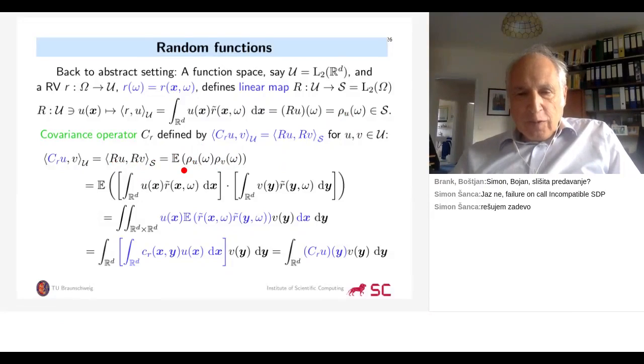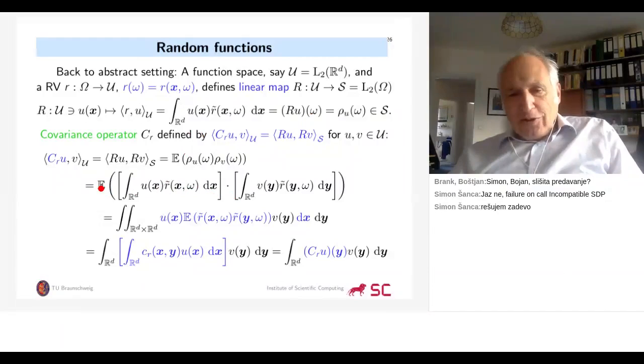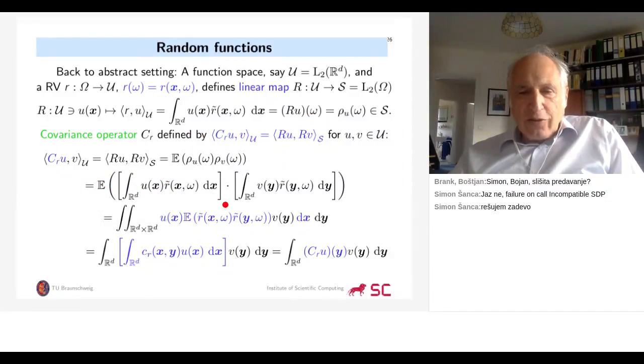Now we write down what rho_u and rho_v are. This is exactly how this was defined here. And now I exchange these integrals and the expected value, which is also an integral. I pull it to where the random variables are. I pull the things which are not random, like u and v, out, and I get this here.